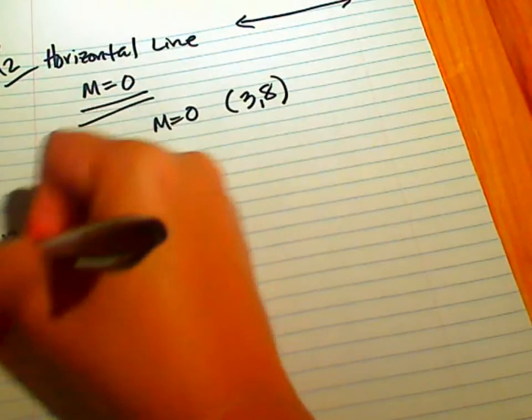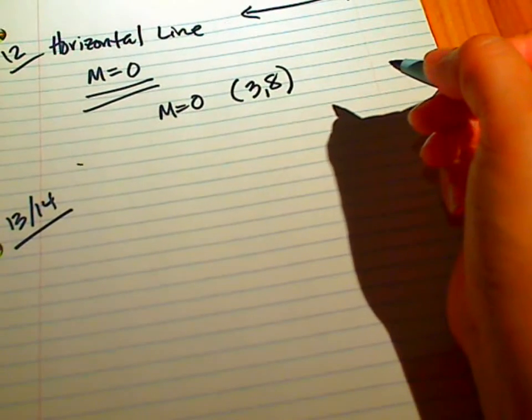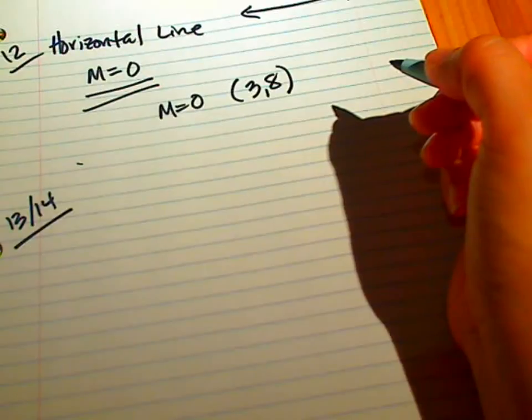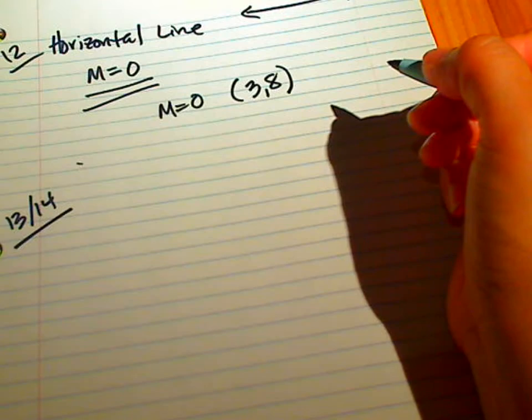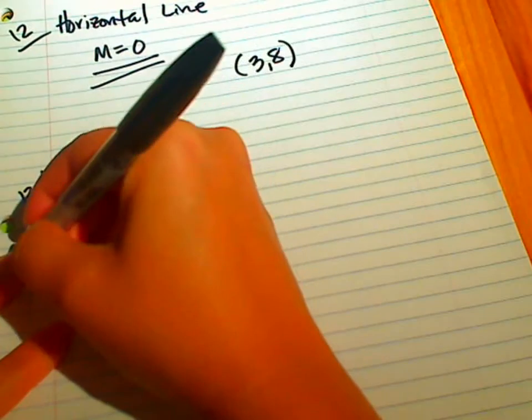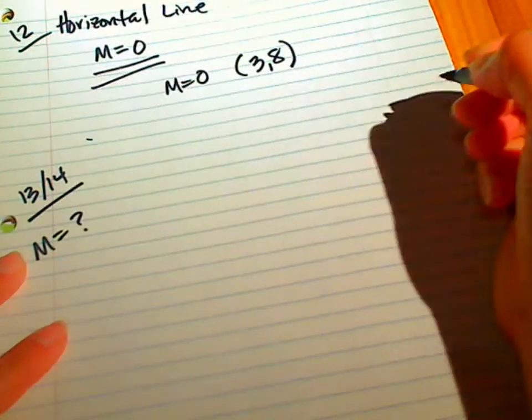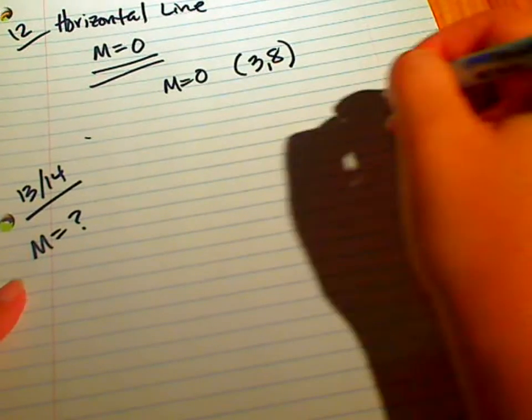13 and 14. Now this time they give you 2 ordered pairs, 2 x's, 2 y's, but no slope. So we got to do several steps here. We need to calculate the slope and then make our equation.